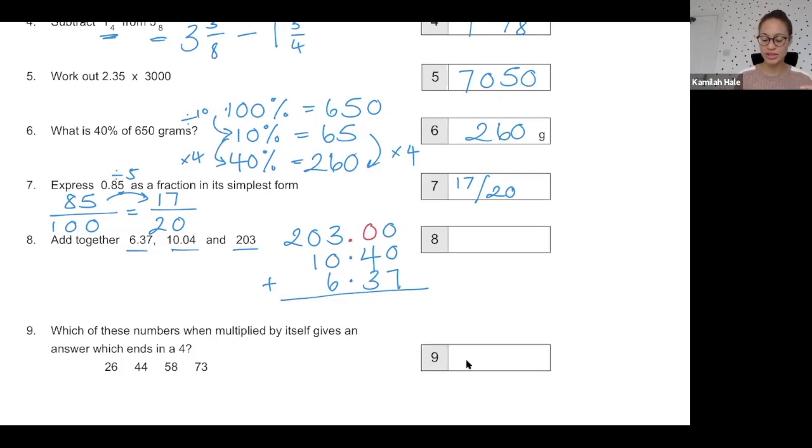If you wanted to estimate this as well, have a think about what you would get if you just added the whole numbers. So 203 plus 10 is 213, plus 6 is 219. So if your answer is not around 219, then you know you've done something funny with your decimals.